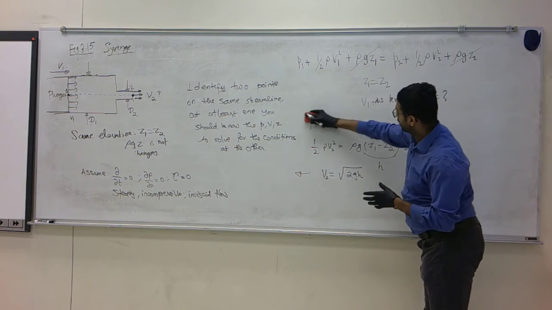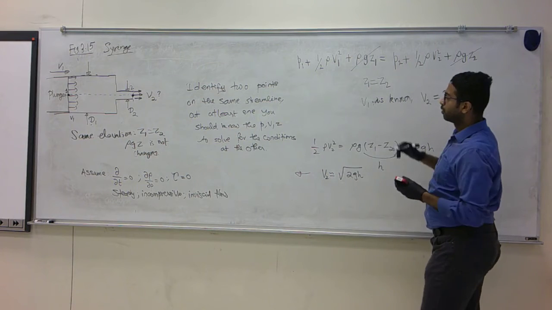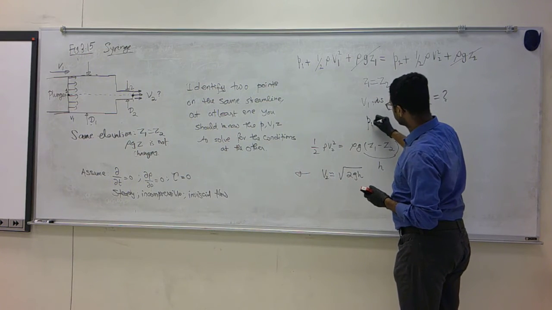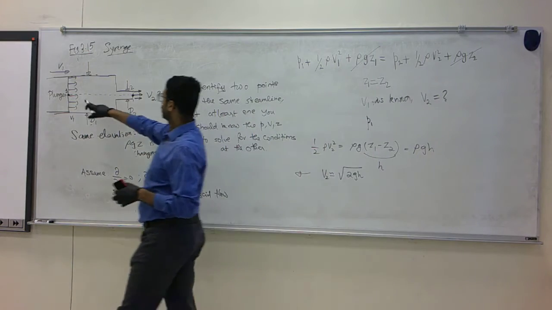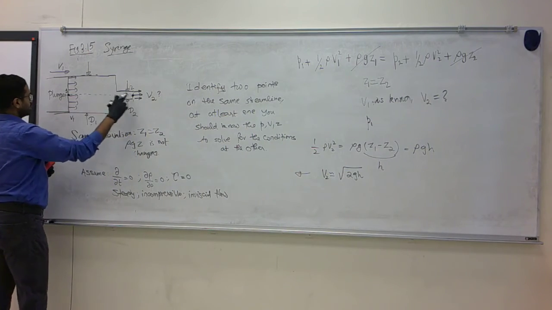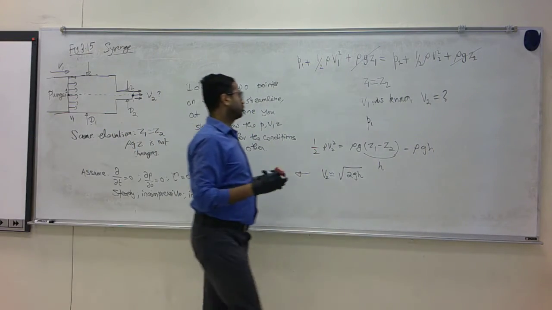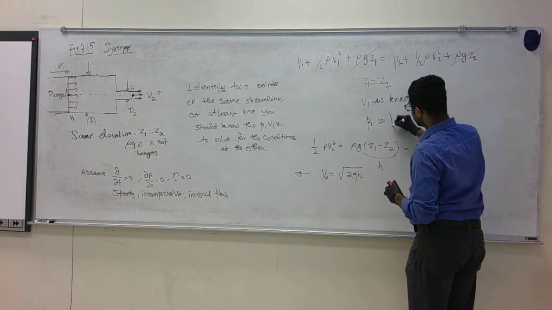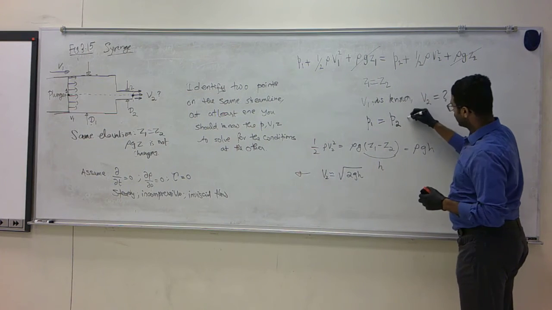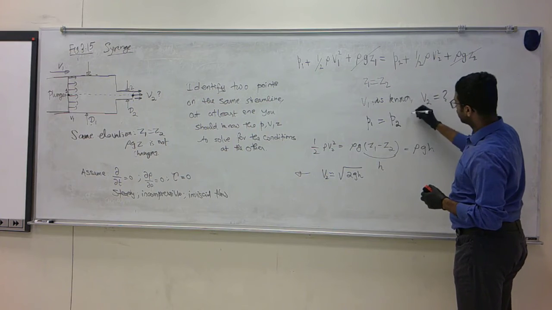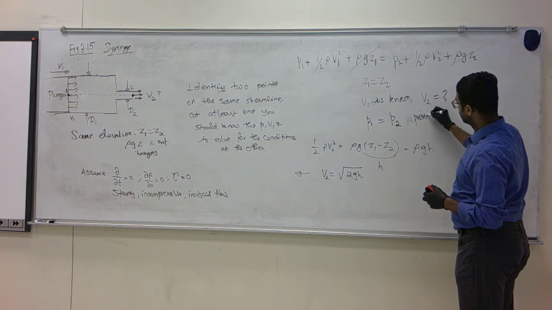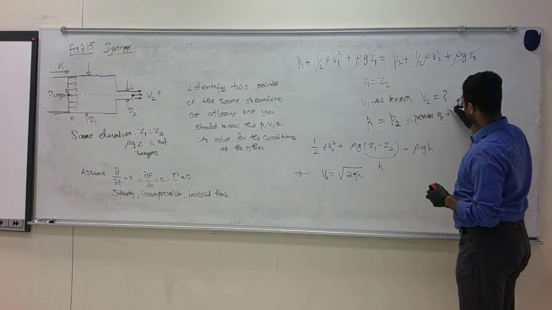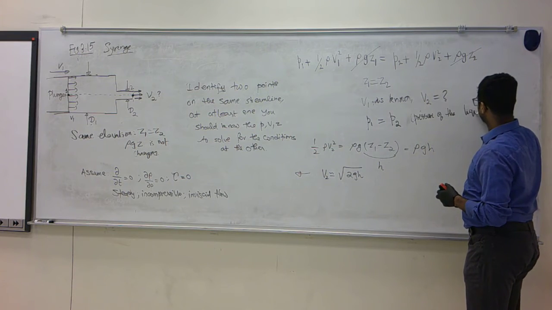And P1, the pressure at point 1 and the pressure at point 2, we are just going to assume P1 equals P2, equal to the pressure of the liquid.